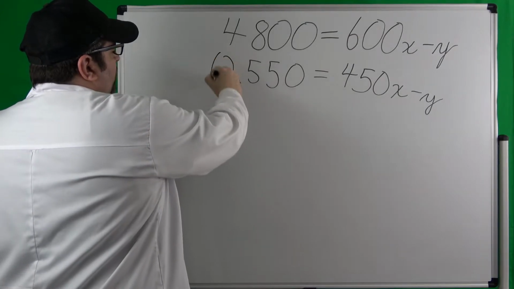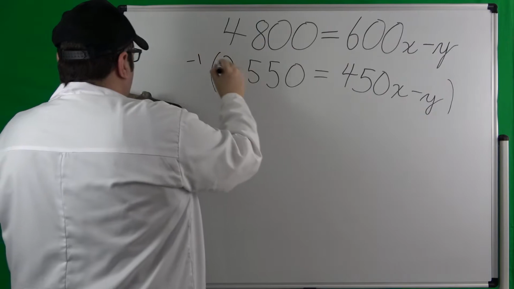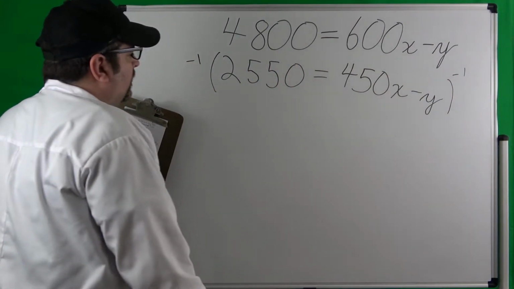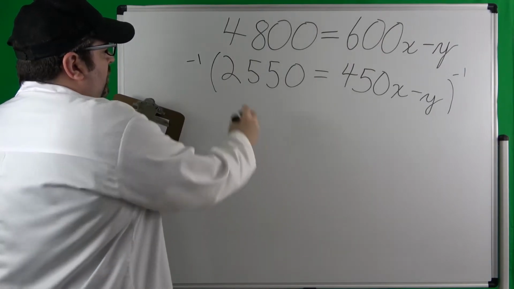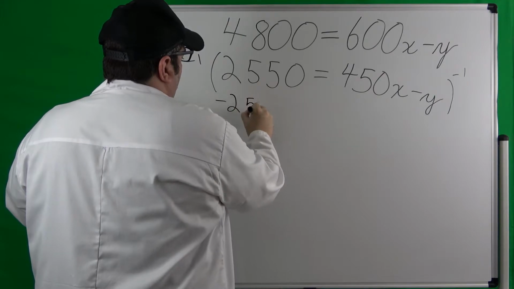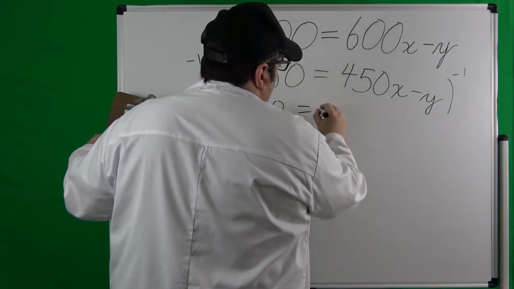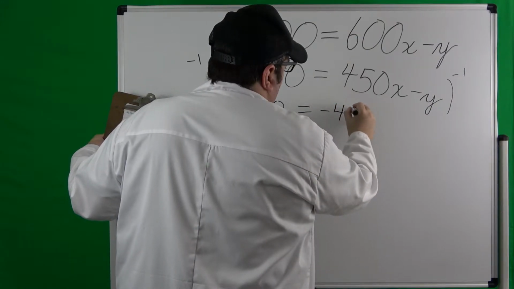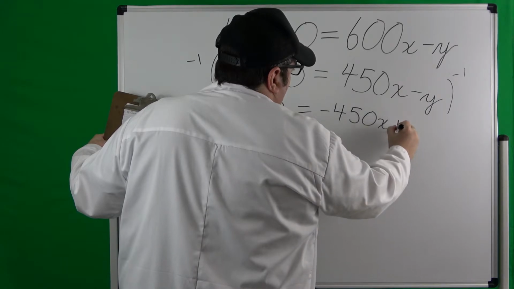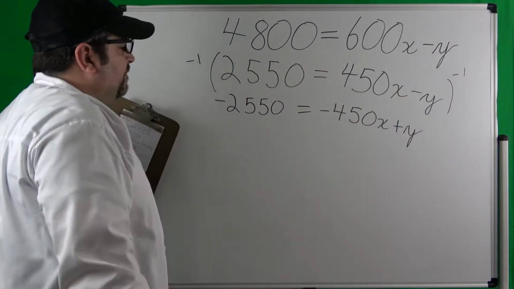Well, we multiply the entire bottom equation by -1. So that makes it negative 2,550 equals negative 450X plus Y. You switch the signs of all of them.